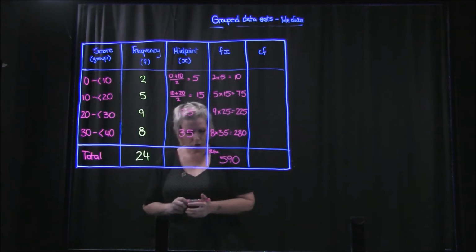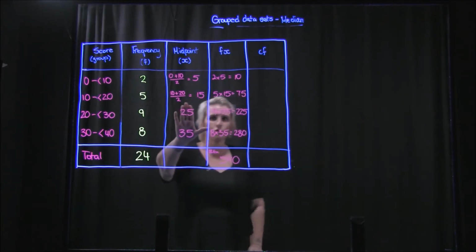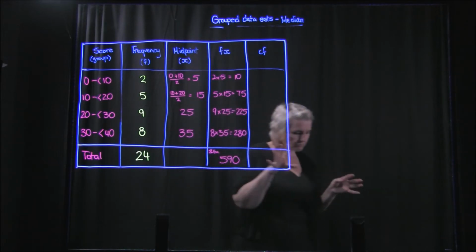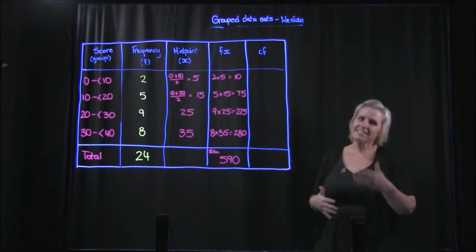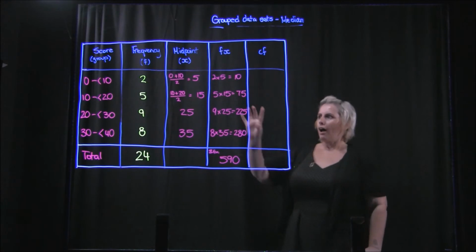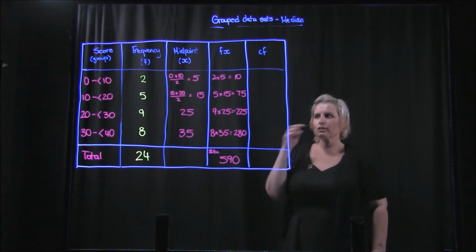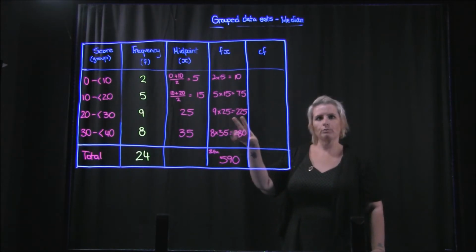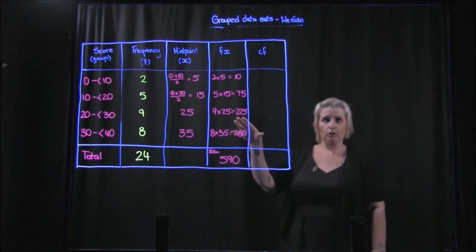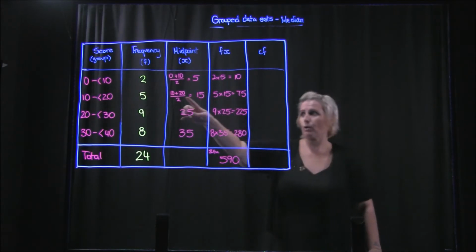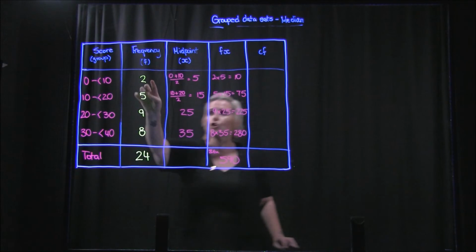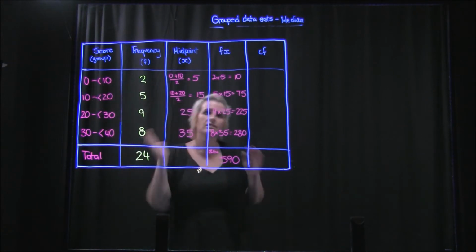What's really important to remember is the reason that we do the midpoint, and why I say that we're estimating the median. When we have a grouping, we don't actually know what individual scores belong in that group. It says right now that there are two data points within 0 to 10.